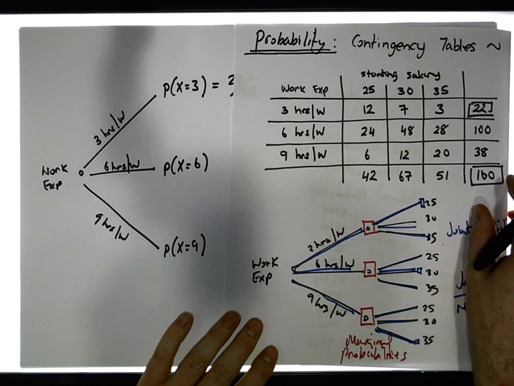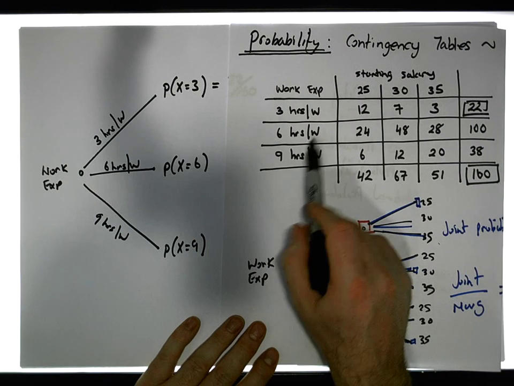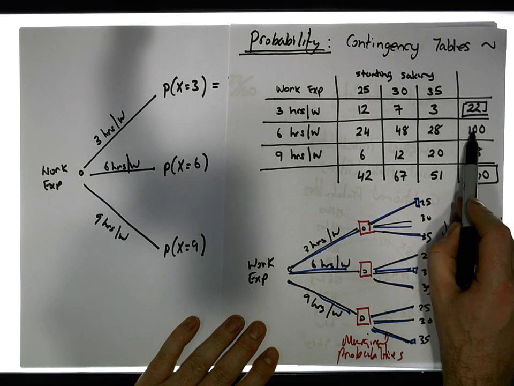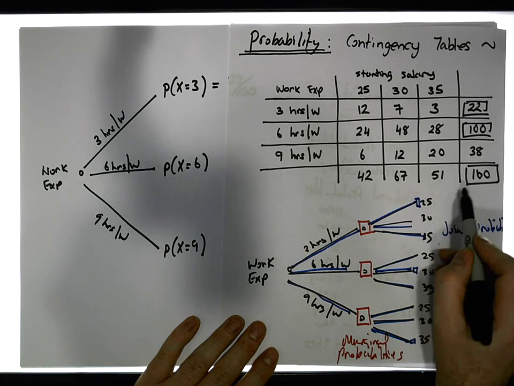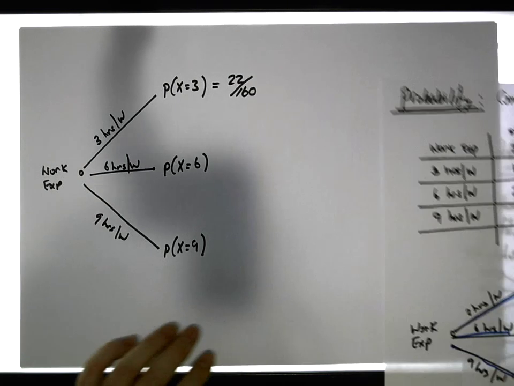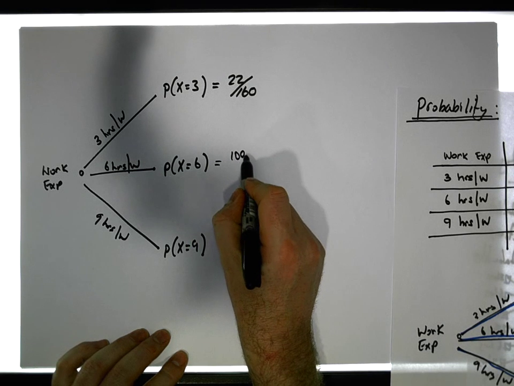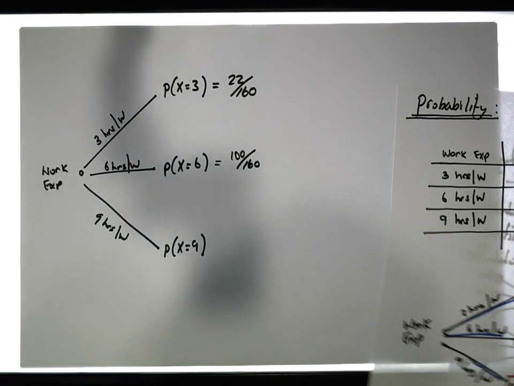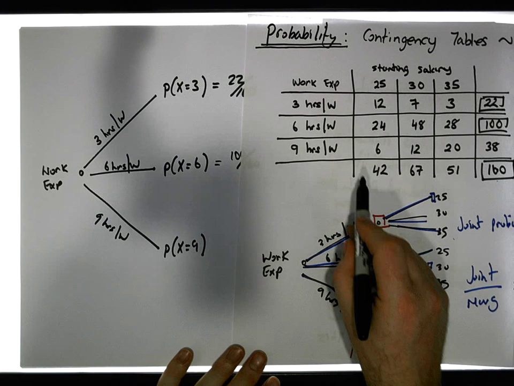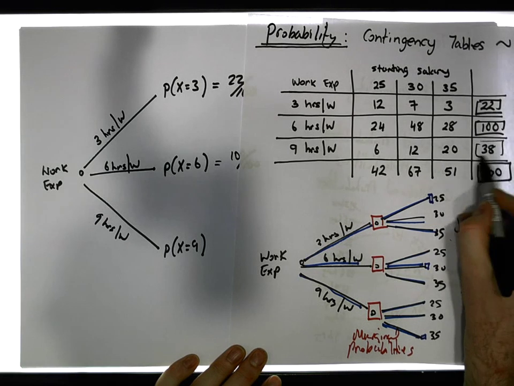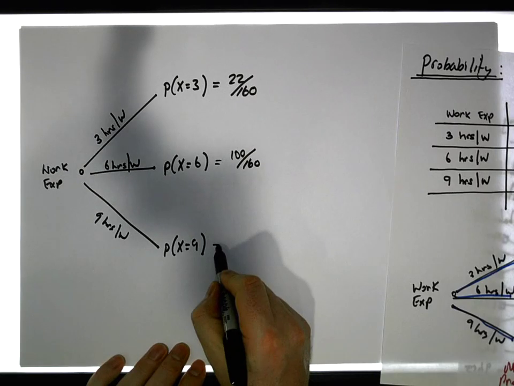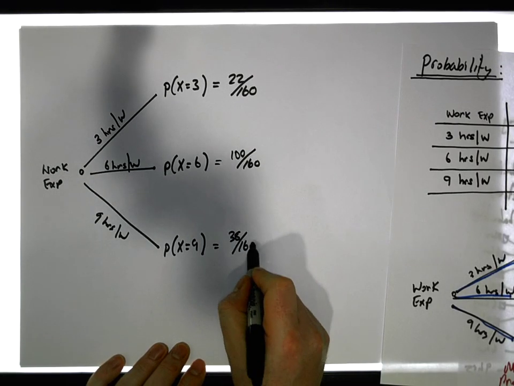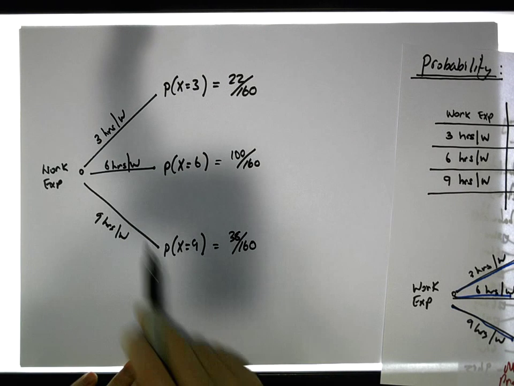With respect to 6 hours work, the total number of people is 100, another marginal count relative to 160, so it's 100 over 160. And then finally, for 9 hours work we have 38 choices out of 160, which is the probability that they do 9 hours work.